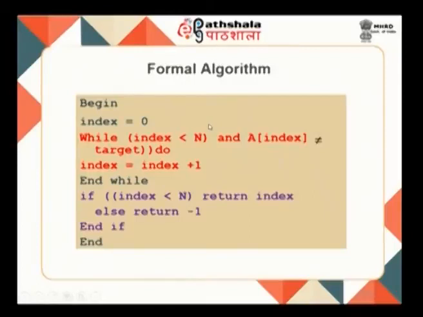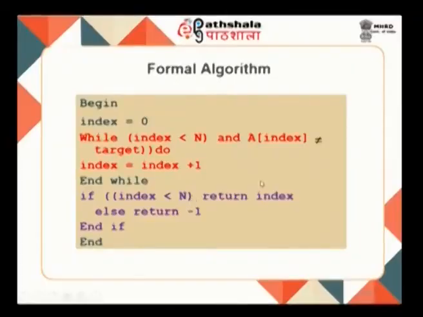Begin. You can see the index is initialized as 0. I start a loop, and as part of this loop I check whether the target item is present in the array or not. If it is not, then I increment the index. If the item is present, then I come out of this loop and check whether the index is less than n.